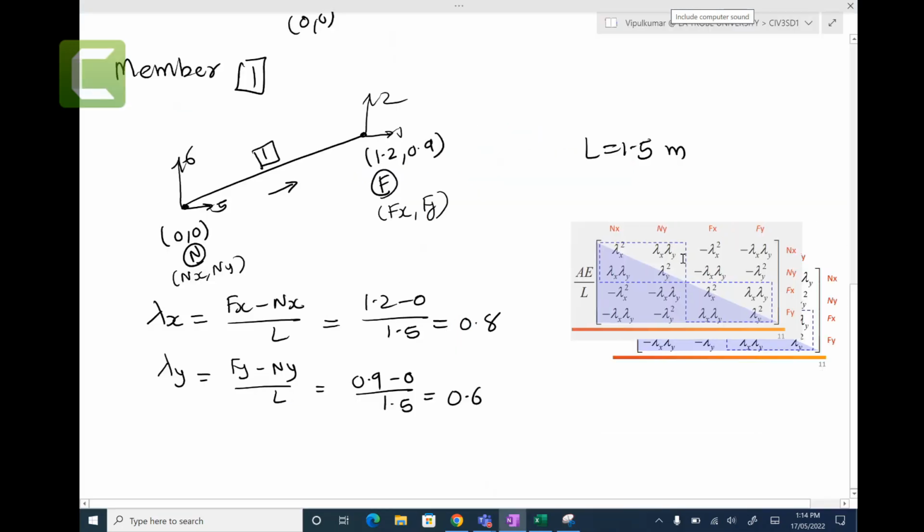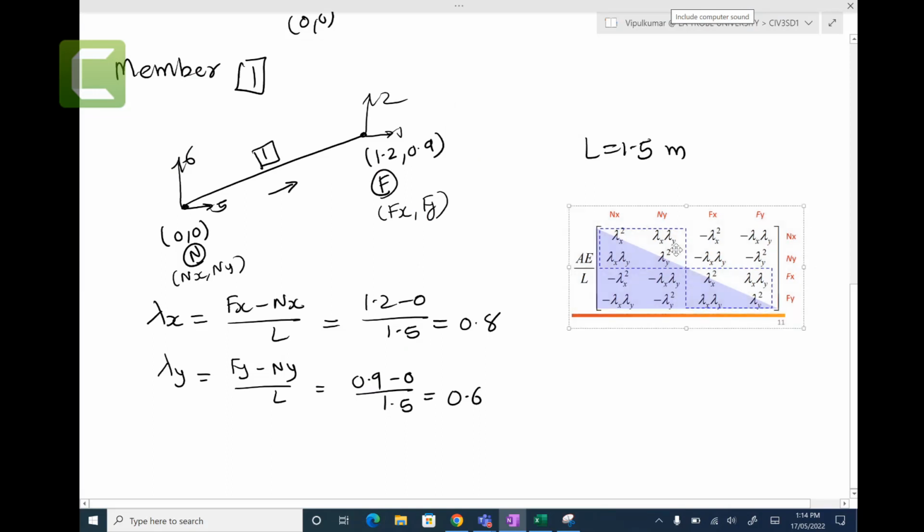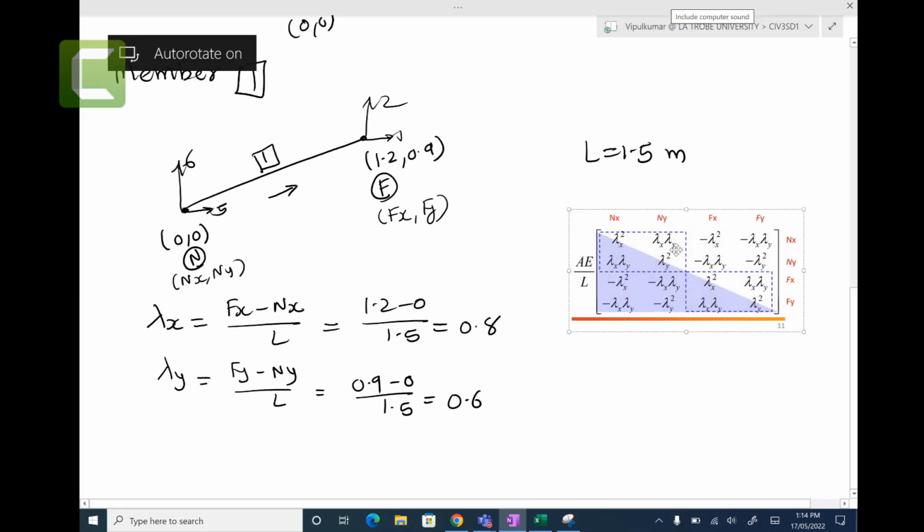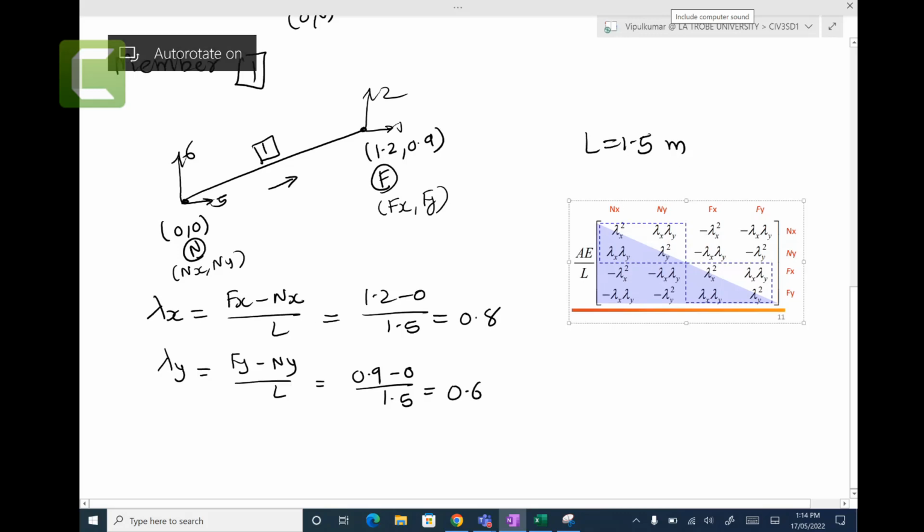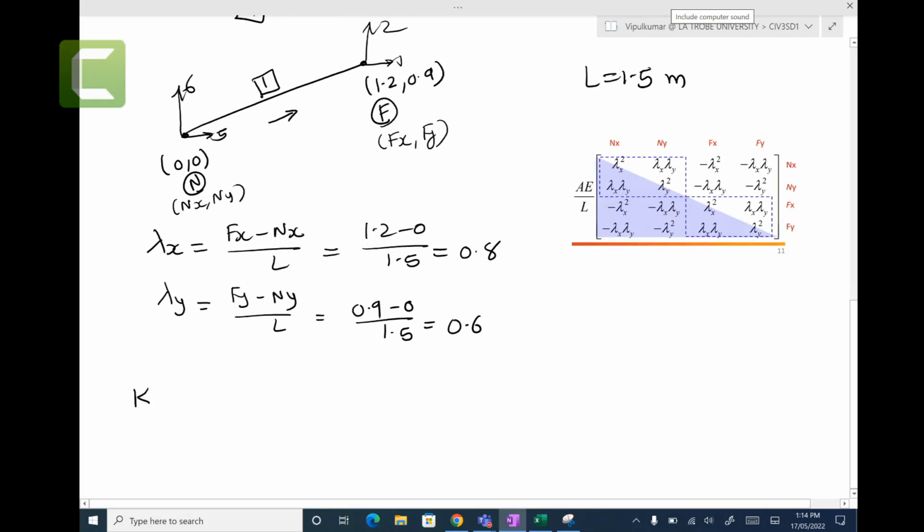Capital K1 equals AE over length, which is 1.5 meters. I'm not writing the units. Lambda x squared, which is 0.8 squared, which is 0.64. Lambda x times lambda y, 0.8 times 0.6, which is 0.48. I'm just plugging the values in, by the way. Then minus 0.64, minus 0.48.